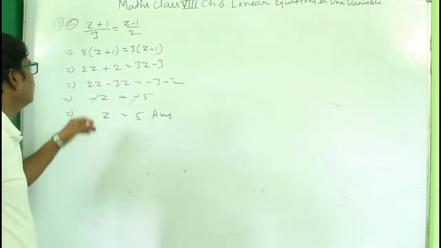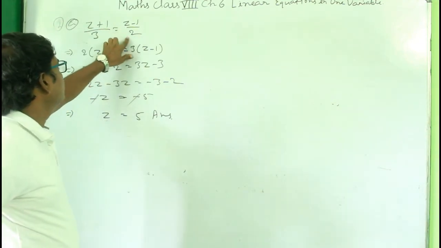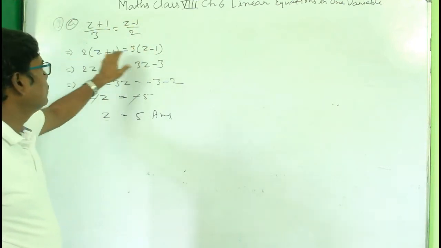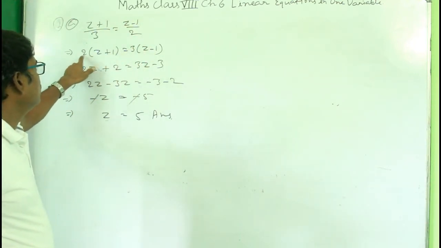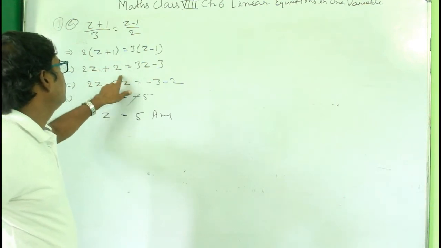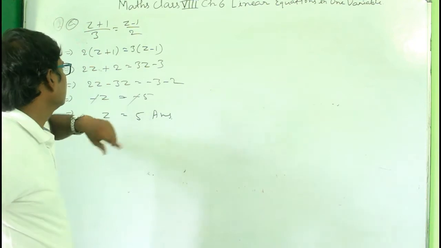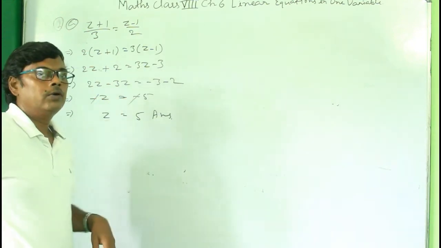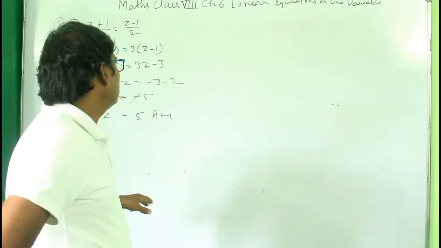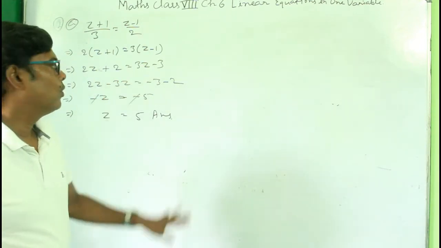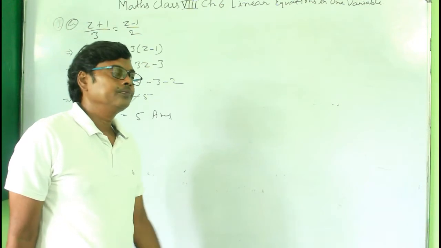Here you have to remember that this 2 will go here and 3 will go here, cross multiply. Then open the bracket on both sides: 2 into z is 2z, 2 into 1 is 2, 3 into z is 3z, and 3 into minus 1 is minus 3. Because we have to find the value of z, we bring all the terms involving z to the left side.